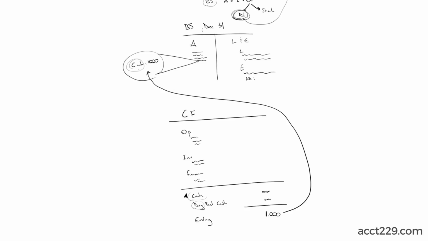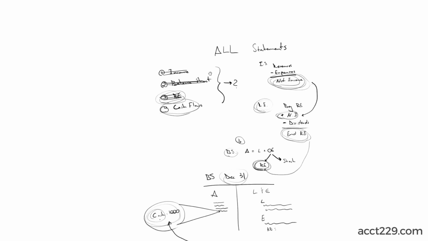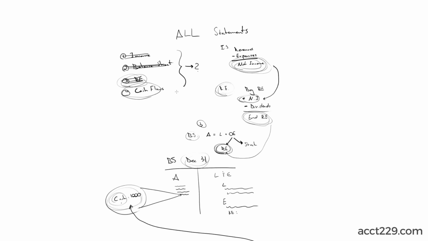So the balance sheet ended December 31st has a cash value of $1,000, and the statement of cash flows has an ending balance here of $1,000. So let's take a look at this again. Now we've been able to knock off cash flows. Let's zoom back in here.